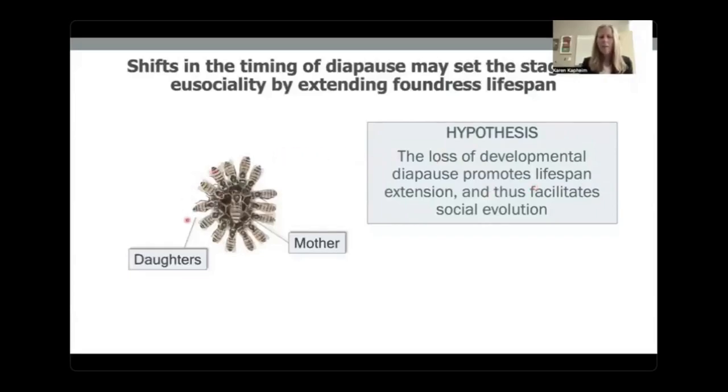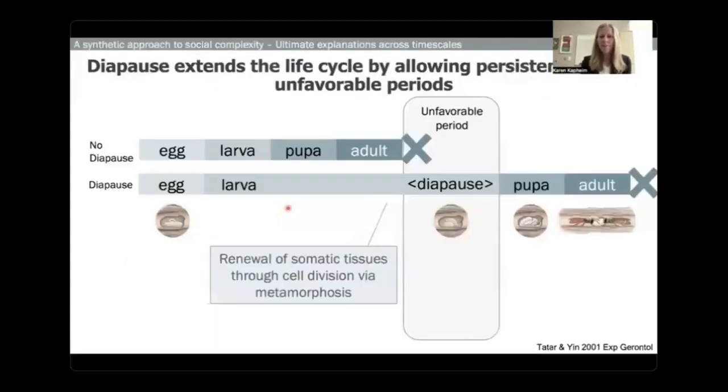So remember that overlapping generations is one of the hallmarks of eusociality, because the queens are the mothers of her daughters who are the workers. And in solitary insects, or in solitary bees and wasps, most of them don't live long enough to meet their offspring as adults. And so before eusociality can evolve, there needs to first be an extension of lifespan so that mothers can overlap with daughters.